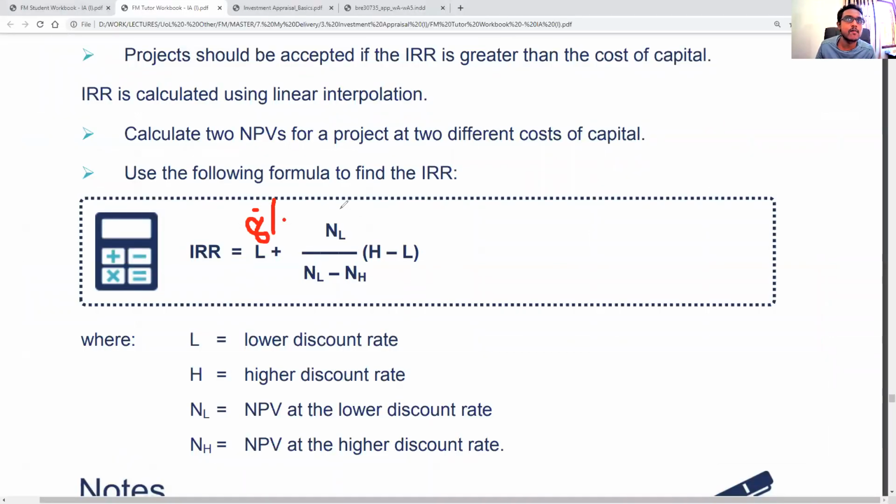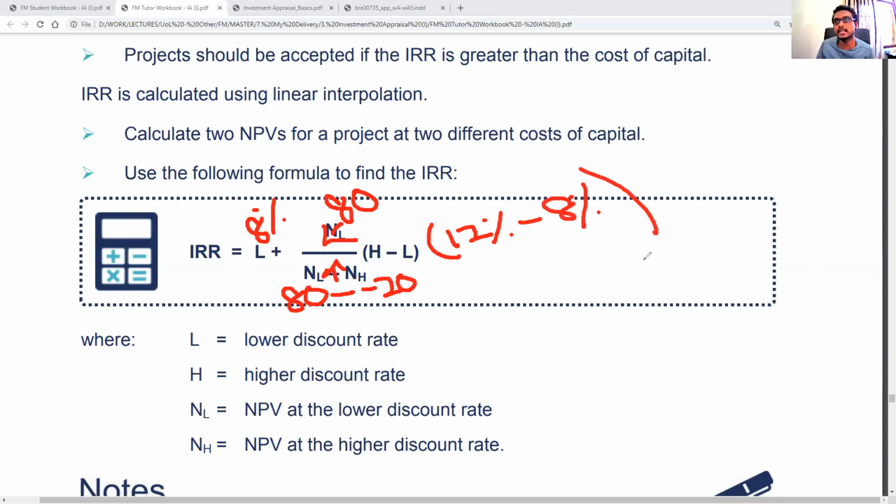NL is 80, right? So NL is 80 minus 20. That is this. This is this. And H minus L is H is 12% minus 8%. So can you do the calculation and tell me what the IRR is of these numbers?